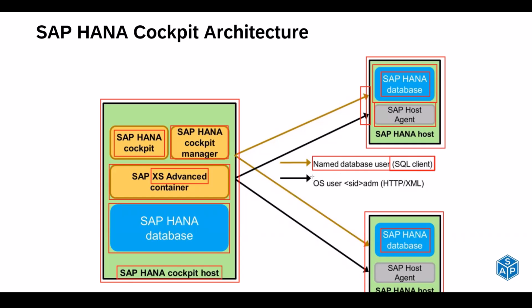And if you run any OS level command, based on your SID ADM, it will be transferred through the HTTP or XML protocol and redirected to your SAP host agent. So these two interfaces, HTTP and XML, will be taken care of by the SAP host agent, and all the SQL queries from the SQL client will be taken care of by the SAP HANA database. Is it clear till now? Any doubts, any queries?